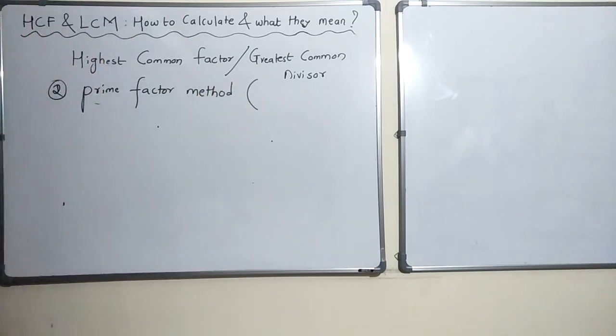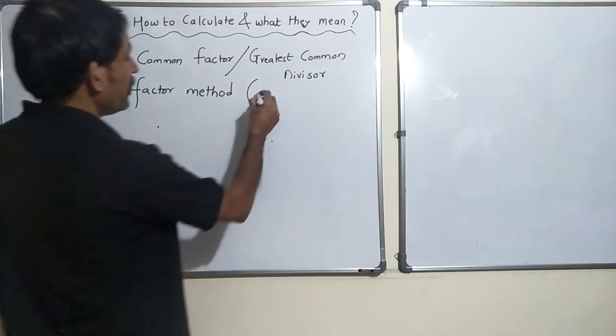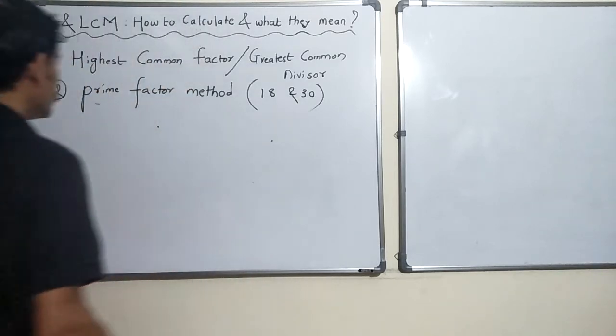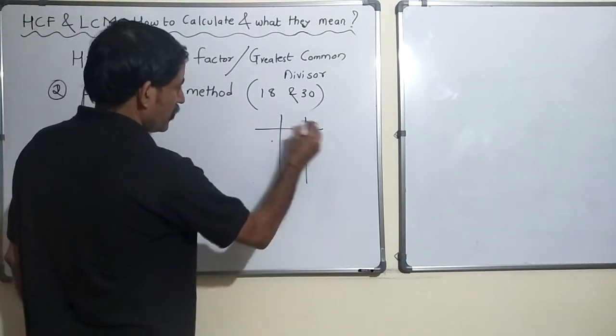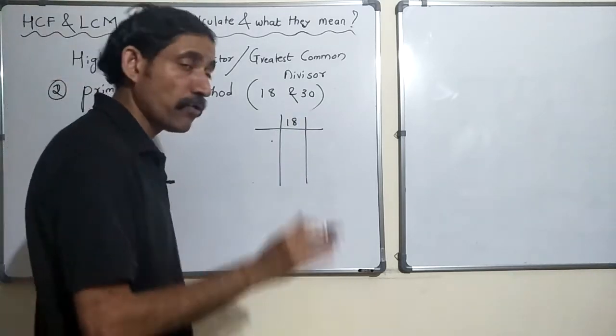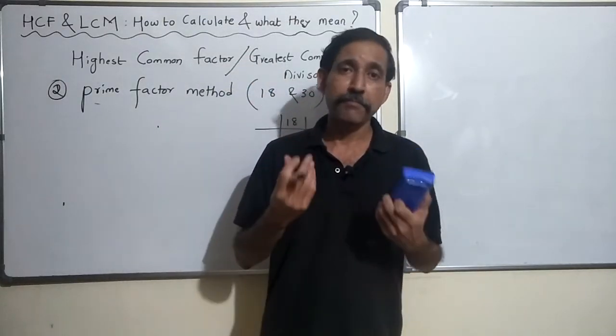Using the prime factor method, let's find the GCD or HCF of 18 and 30. All right. So what I am going to do is I am going to divide 18 with only prime factors. Okay. What do you mean by prime factors? Factors which are prime numbers.